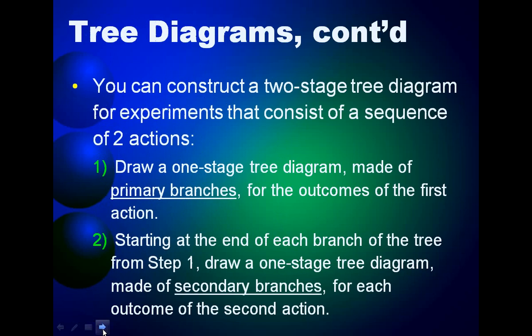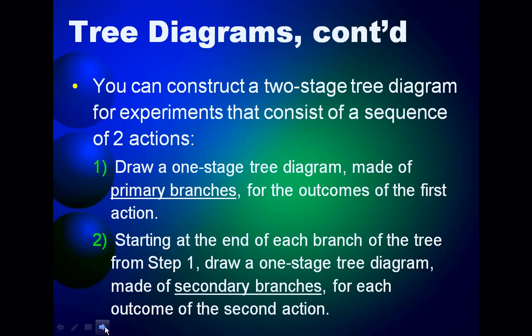If you have a one-stage tree diagram, that just means that you have done one thing. You have drawn one ball, you have flipped a coin, you have rolled a die, and then it gives you the outcomes for that first action.